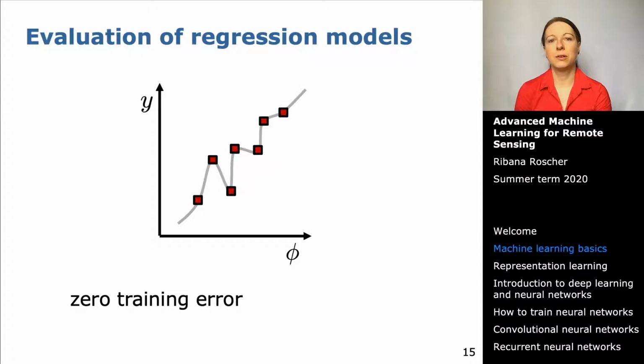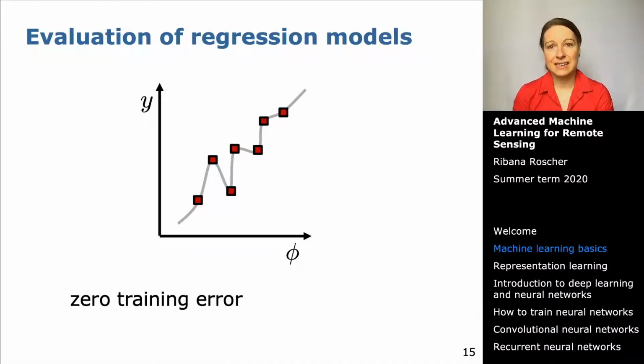So let's have a closer look at both errors. So you have training data from which your model is derived, which is marked in red here. So now imagine you took some measurements and you learned a regression model, in this case a nonlinear one, and with this you can reach a zero training error.